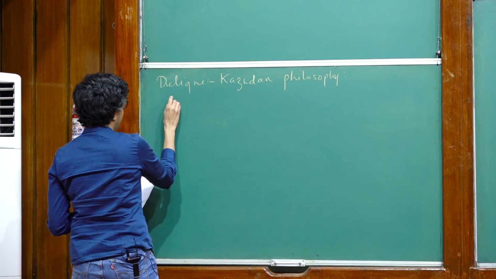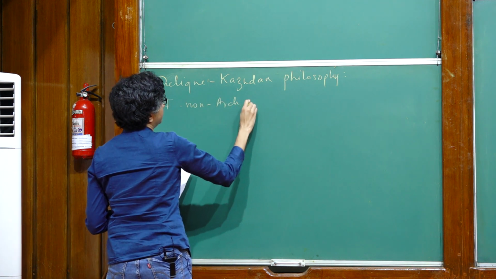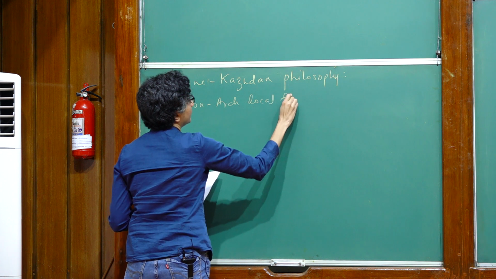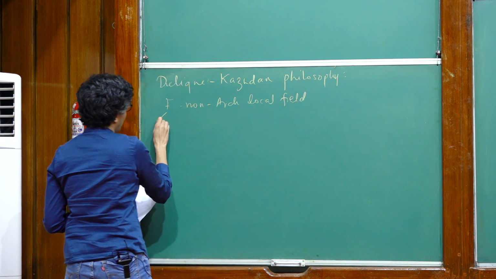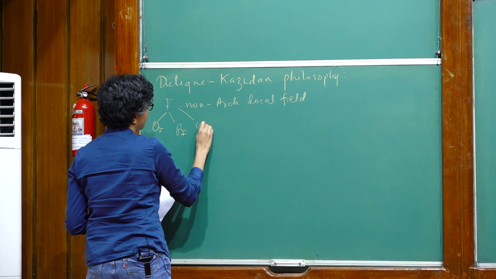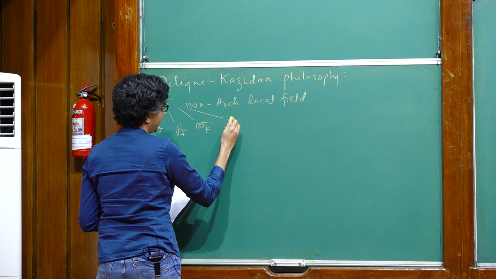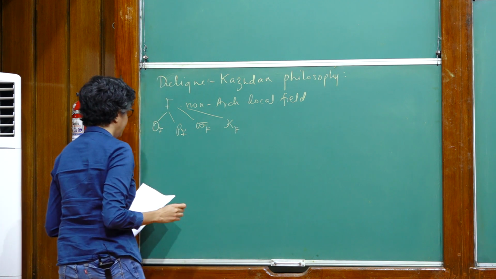Okay, so I'll fix some notation. F is a non-Archimedean local field. O_F is its ring of integers. P_F is its maximal ideal. I'll fix a uniformizer, omega_F, and k_F is its residue field.